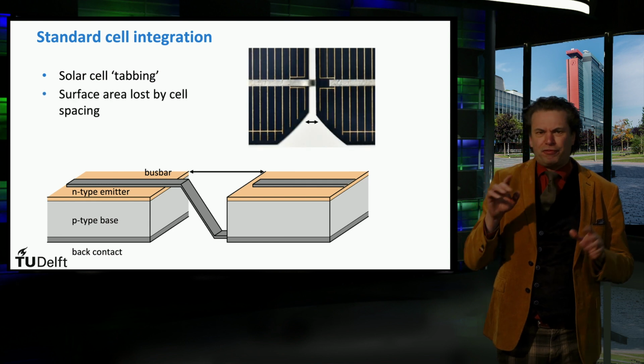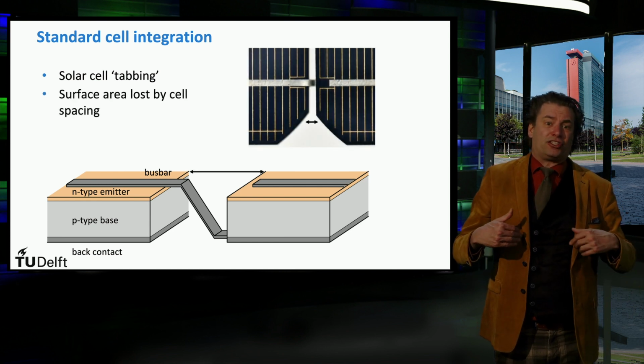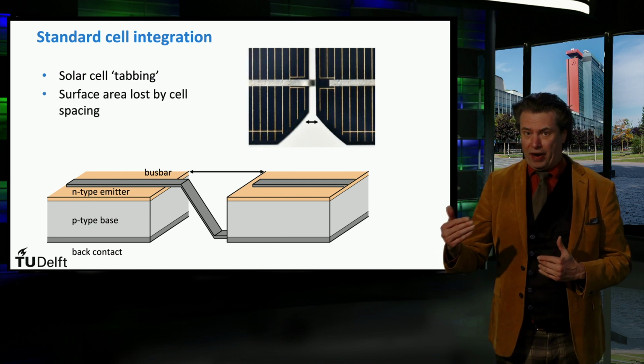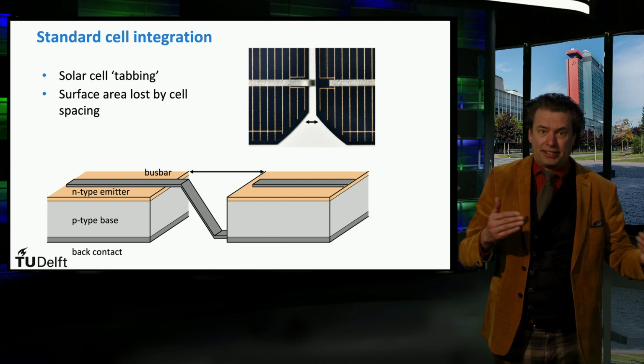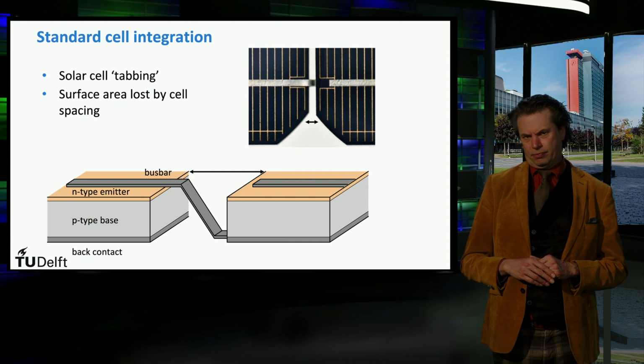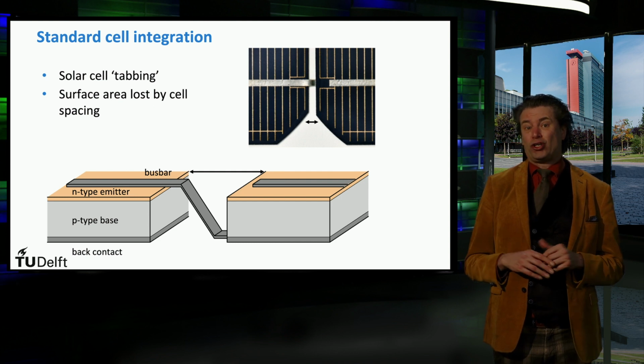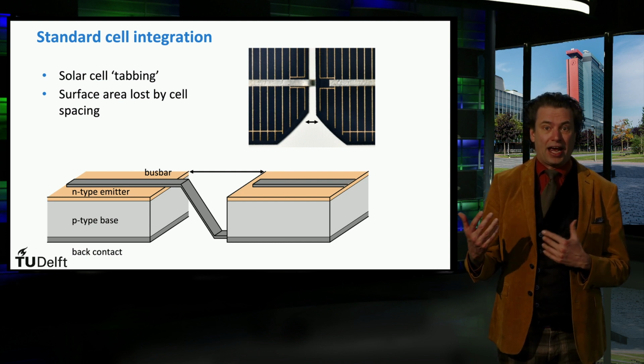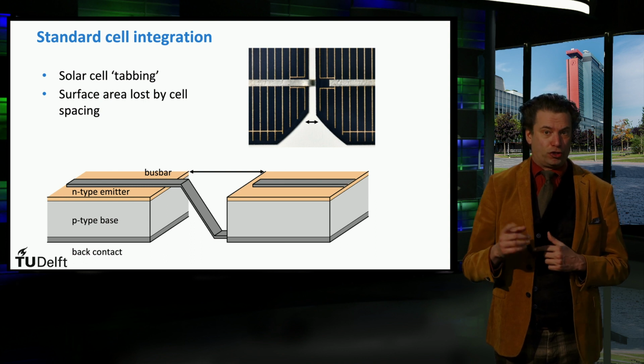A consequence of these interconnections is that the cells cannot be placed directly side by side, but that spacing is needed between the cells. This area is accounted as loss when looking at the aperture area of a solar module.